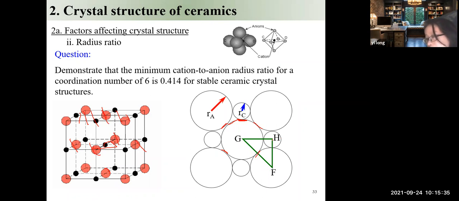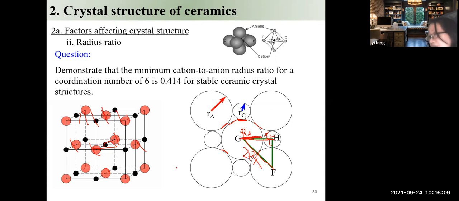This one is obviously a right angle, right? So what is GH? Let's say this is RA, the radius of anions, which is this portion, then this will be RC, right? And GF actually crosses two anions, so it will be 2RA.